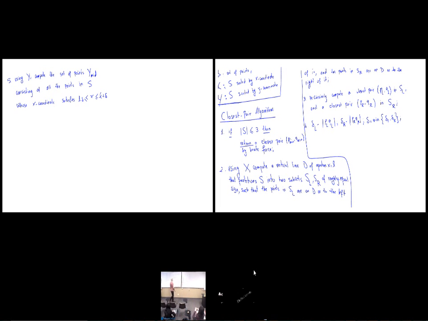I know L and I know delta, so I know these two numbers, so I can find all the points with x coordinates in this range. Since I'm following the array Y, I get them sorted in non-decreasing order.